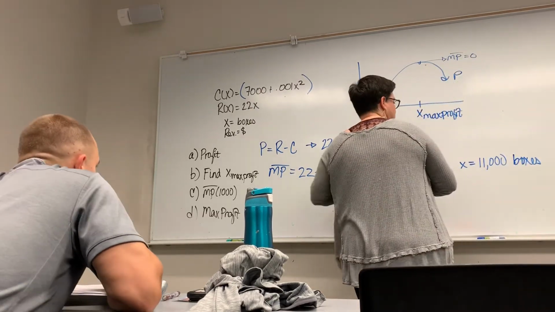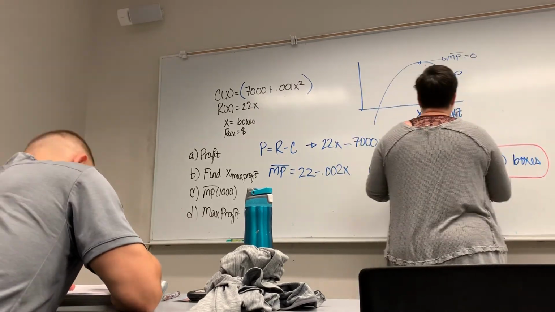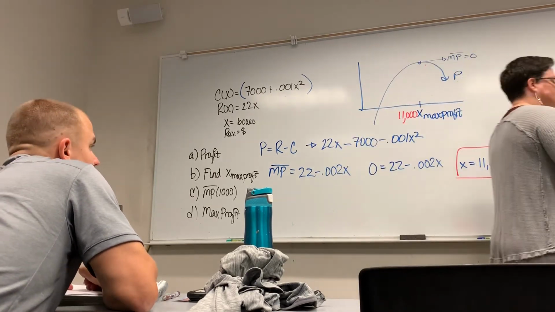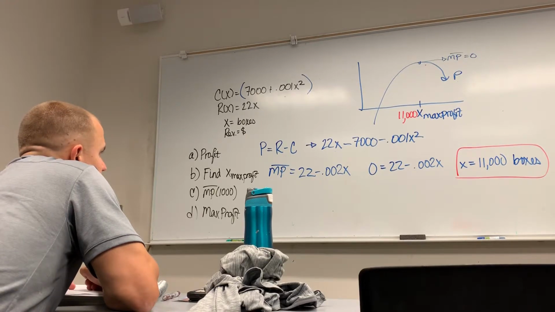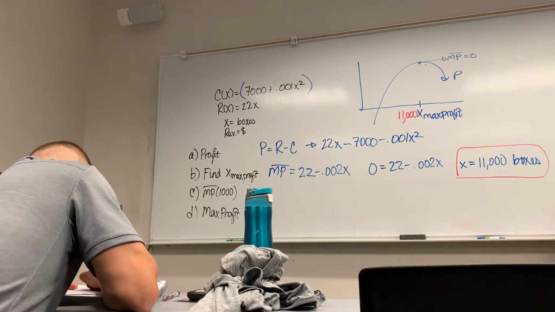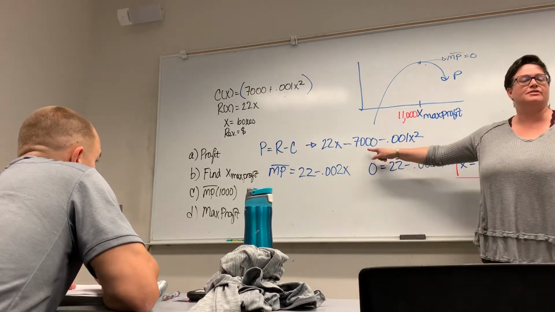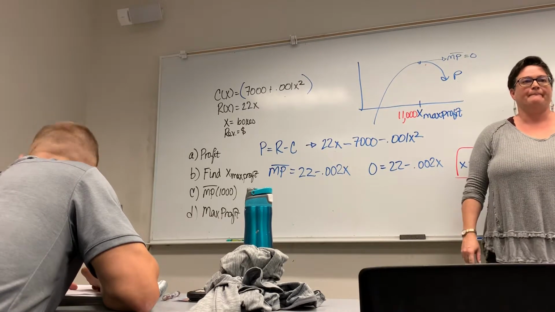So that 11,000 boxes is this number right here. Put a pin in that. Where did the 7,000 go? What happens to constants when you take derivatives? Does it make sense?